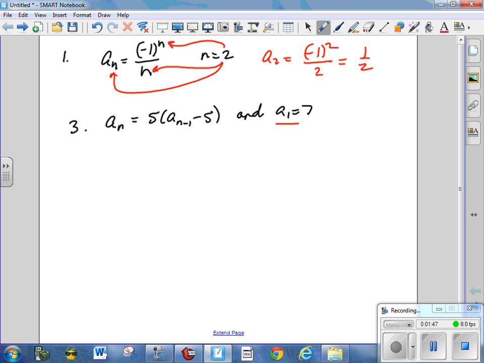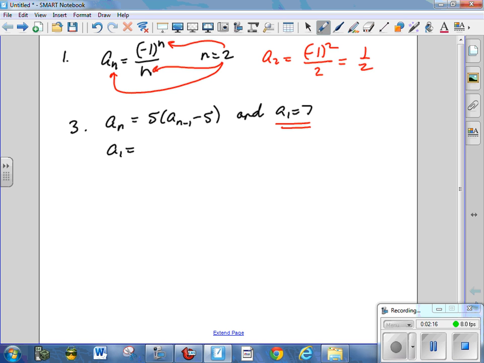Notice that with a recursively defined sequence, you always have to have a starting point or starting points in order to use the formula, because the formula refers back to a previous term. So you have to have a previous term to start with. So if I want to find the 5th term or the 4th term, in this case the 3rd term, in order to find the 3rd term, I also have to find the 2nd term, because I can't find the 3rd term unless I know the 2nd term.